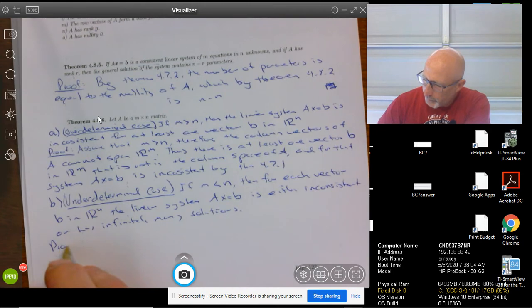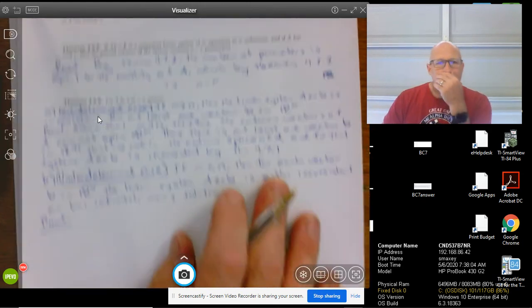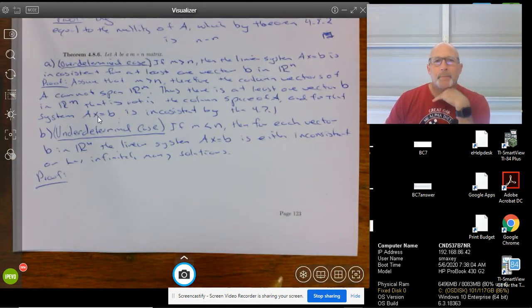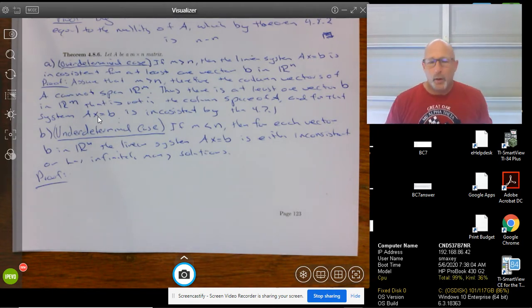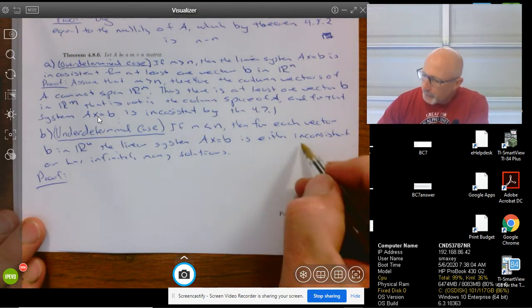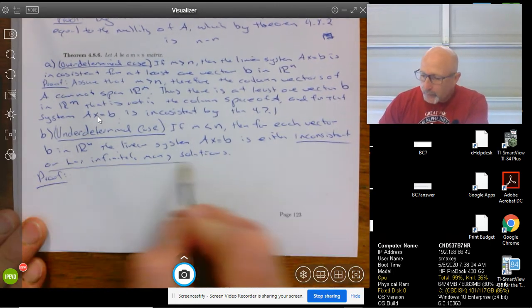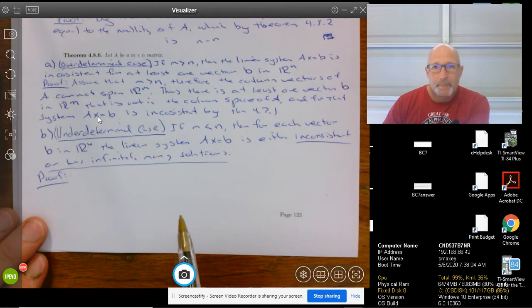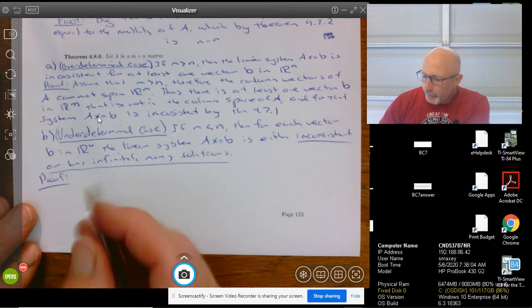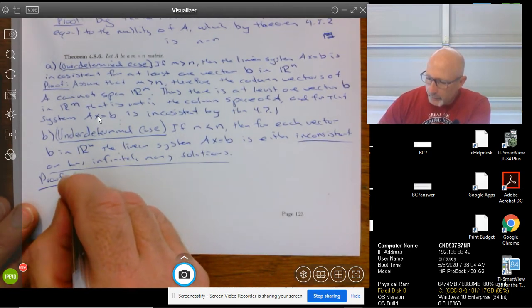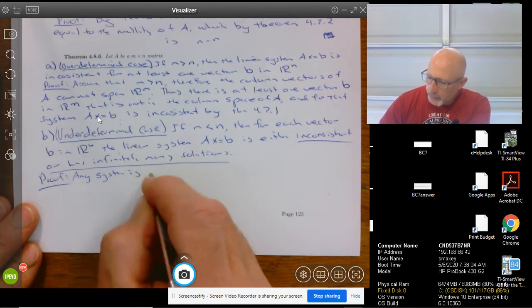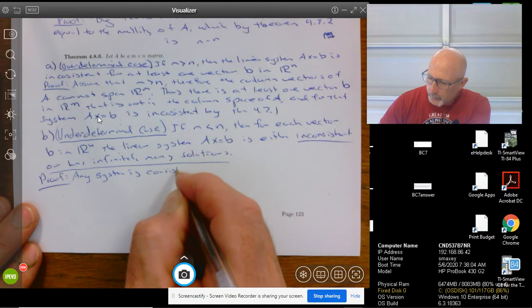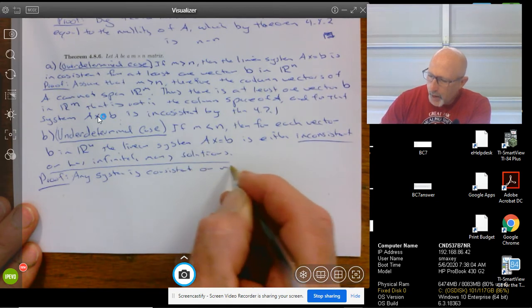Okay, and we're going to prove this as well. Okay, so this is kind of cool how it works. Okay, so you have an if-then statement, right? You have this thing that you can assume, and then you have to prove the rest of it. Well, what am I trying to prove? I'm trying to prove that it's inconsistent or it has infinitely many solutions. Okay, so the first thing we should note is any system is consistent or not, right?